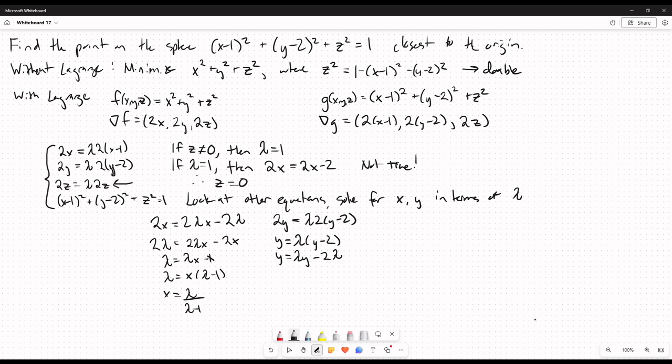We can rearrange to get 2 lambda equals lambda y minus y. Doing the same factoring that we did earlier, we're going to get that y equals 2 lambda over lambda minus 1.